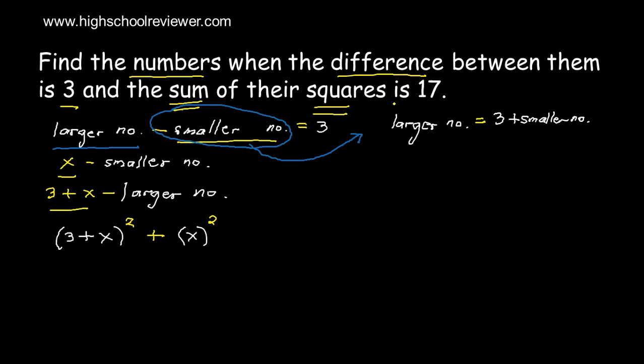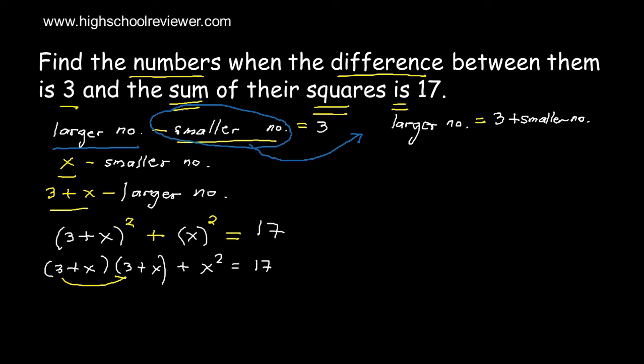The word "is" is equivalent to the equal sign. So the sum of their squares is 17. This will be 3 plus x multiplied by 3 plus x, plus x squared, equals 17.